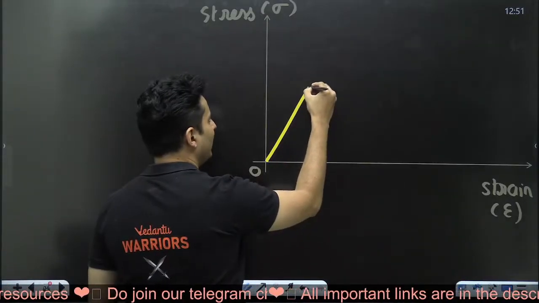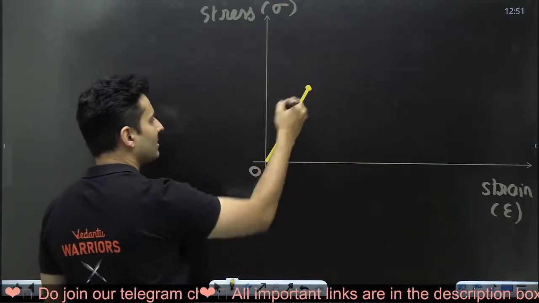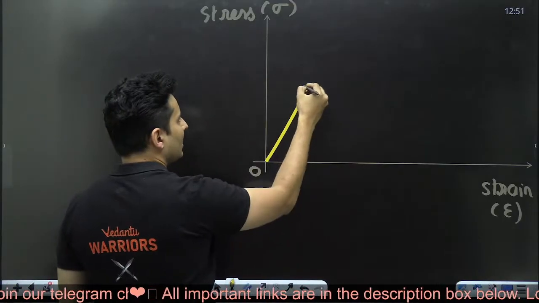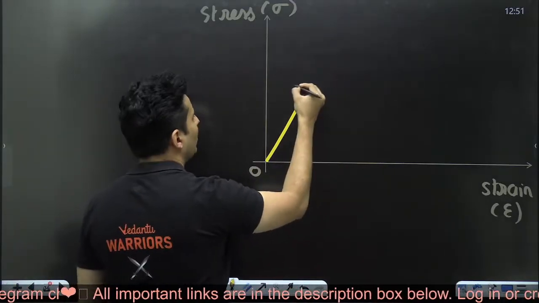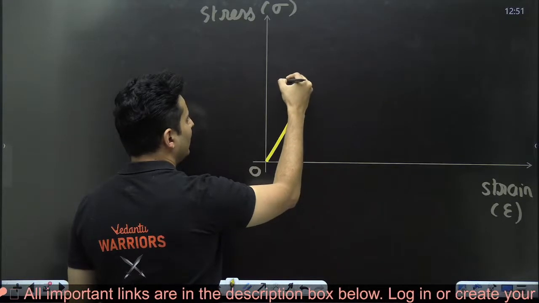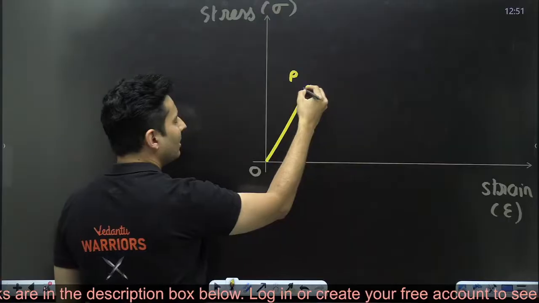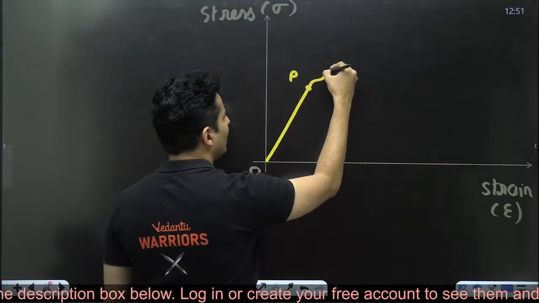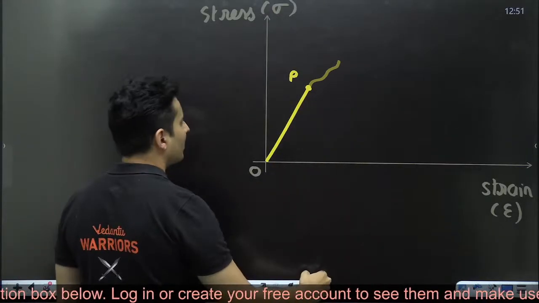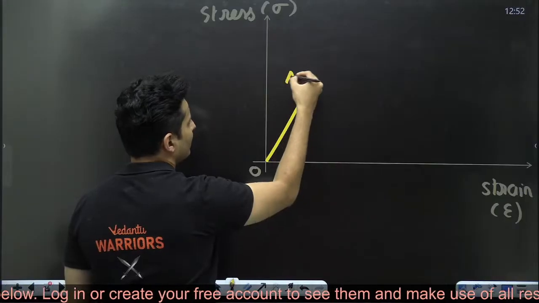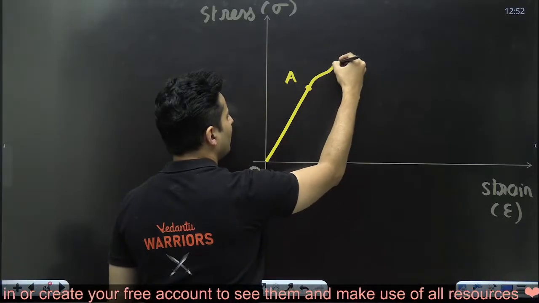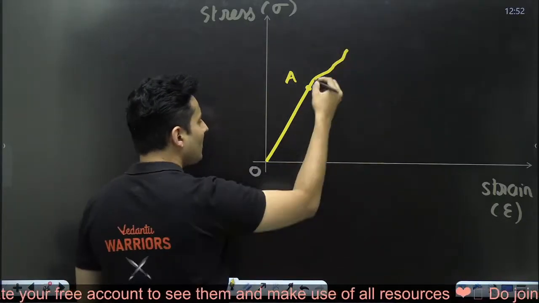So there is a point till which it remains a straight line, and after that it is not proportional. I'll label that point over here as P, and after that it is going to be non-linear in nature, or sometimes I can just call it point A, and it is going to be non-linear like this.